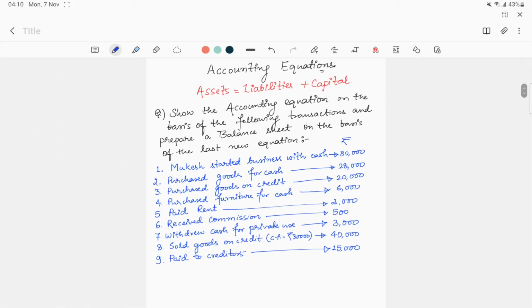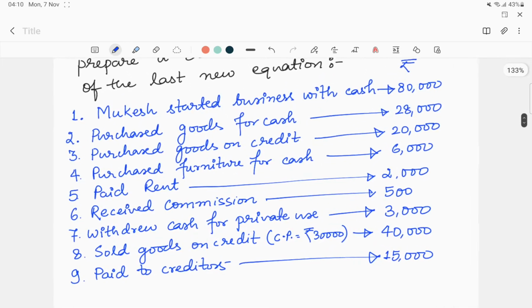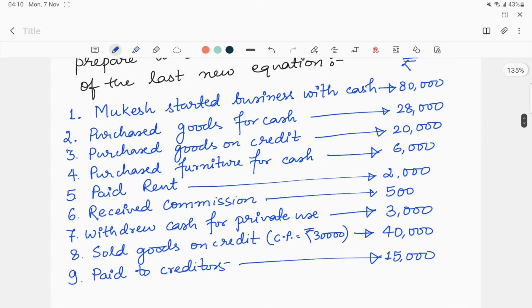For these data we have to prepare the accounting equation in each transaction, and then we are going to prepare a balance sheet from the last new equation. So let's see how we are going to solve this problem. So I'm going to need a tabular column. So let's first draw a required table.